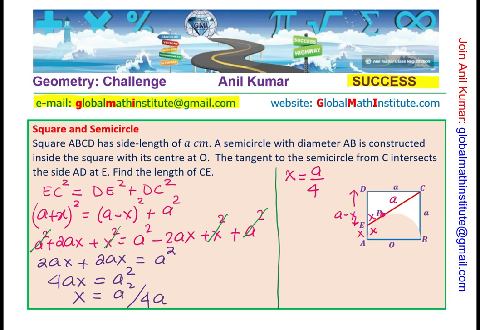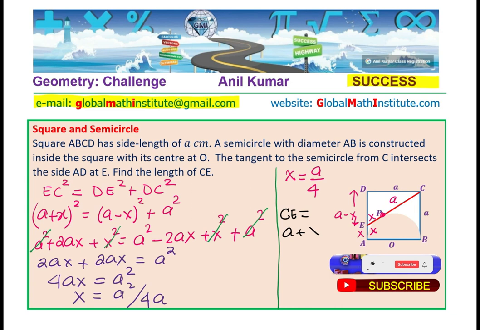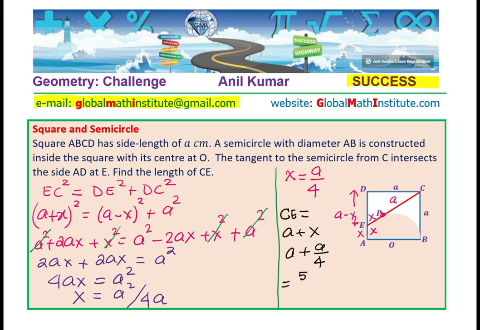What we need to find is the length CE, right? So let's find what is CE. So CE is equal to, as you know, A plus X. So A is A and X is A over 4. A is given to us, right? And this is equal to 4 plus 1, 5, A over 4.